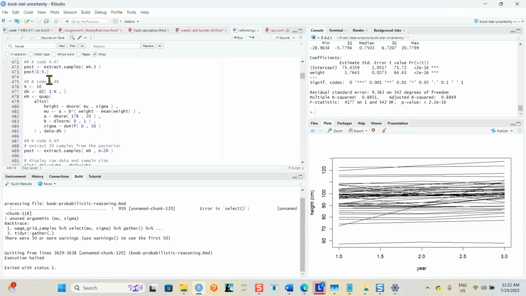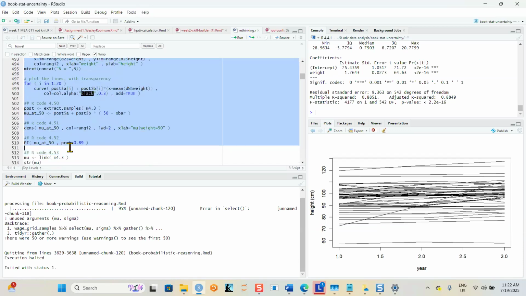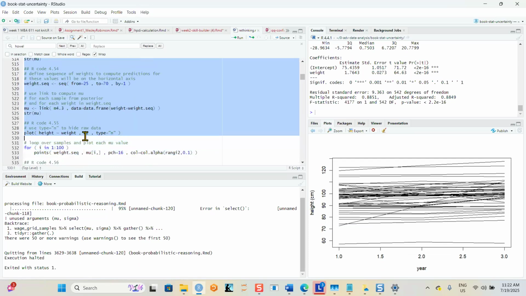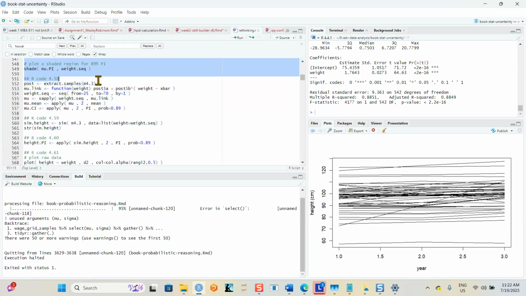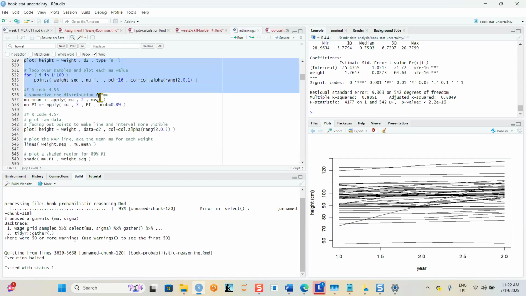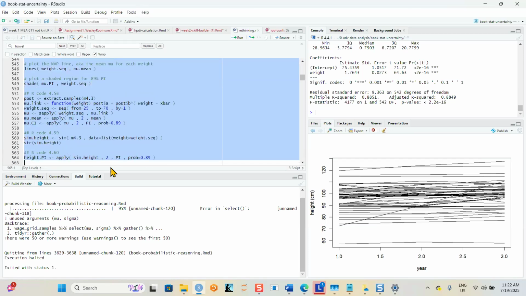Okay, let's work on this code here. And go through some of this stuff. I think this is useful if it works. Some of this doesn't always work in R.